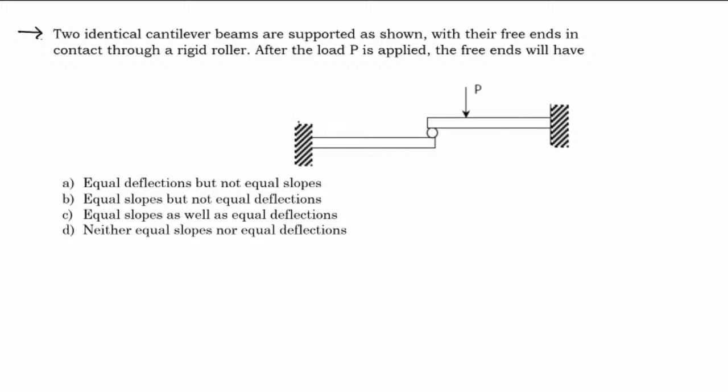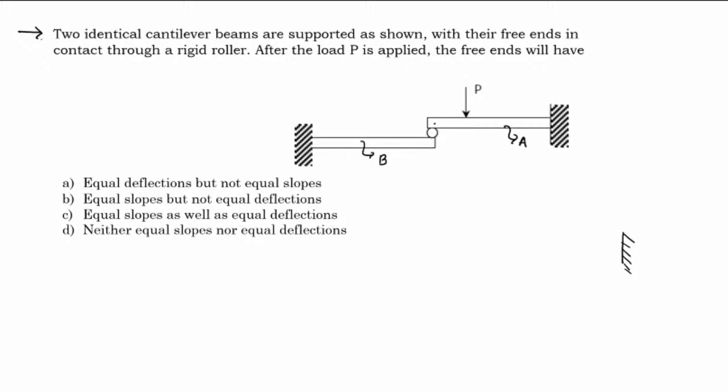Now, let me just draw the free body diagram for this. So let us say this is cantilever A and this is cantilever B. These two are joined together by a rigid roller.